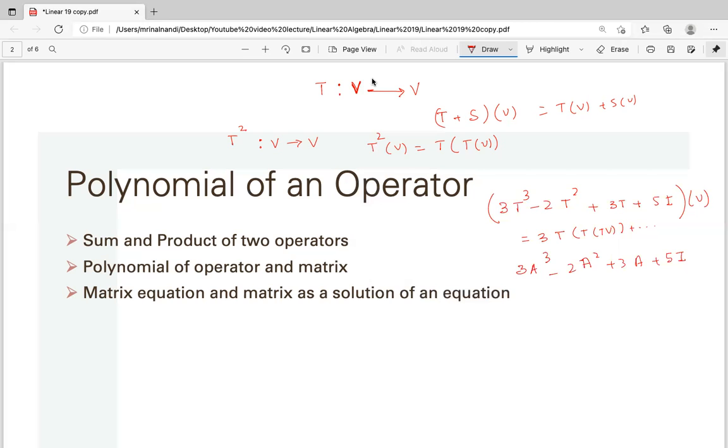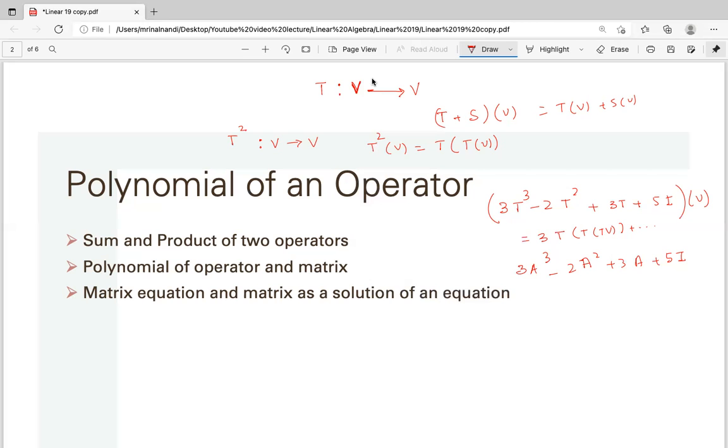So a linear operator and a square matrix of order n, on a vector space of finite dimension n, actually have no difference. There is a natural bijection, a one-to-one correspondence between them. So we can say the same thing whether it is a linear operator or a matrix.